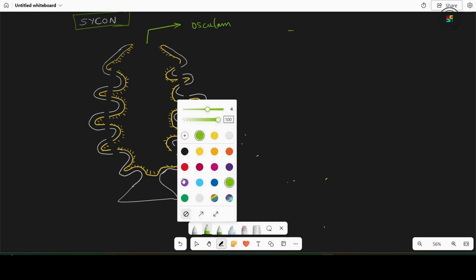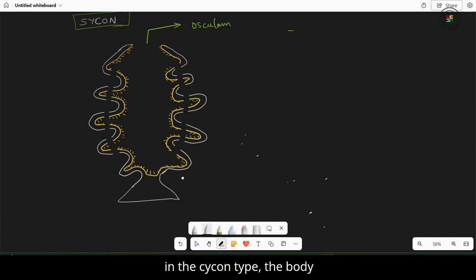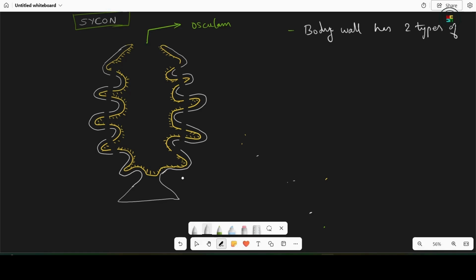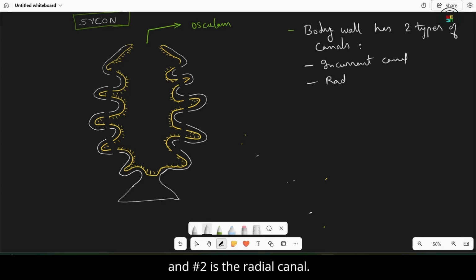Okay, now in the Sycon type, the body wall, I told you, is more convoluted, and it has two types of canals. Number one is the incurrent canal. And number two is the radial canal.